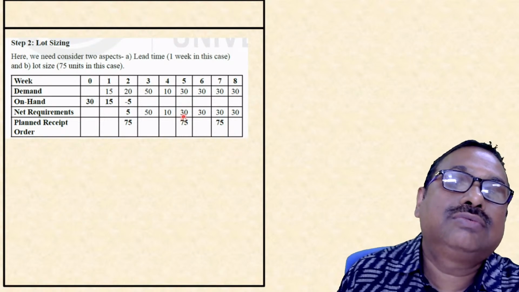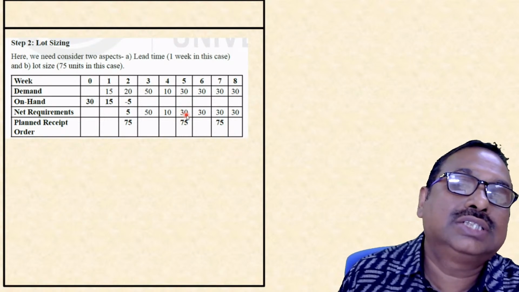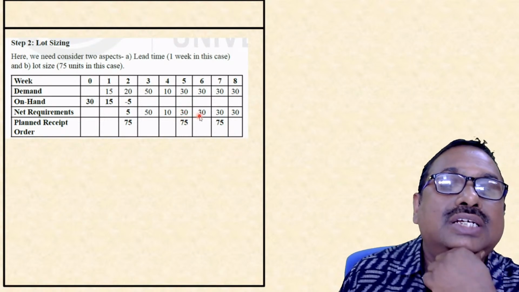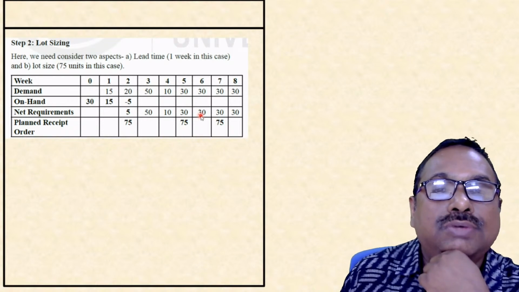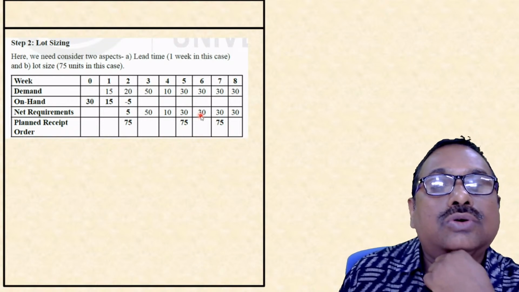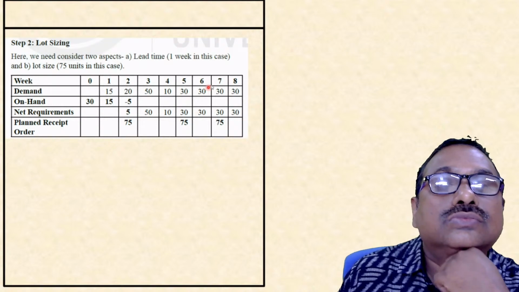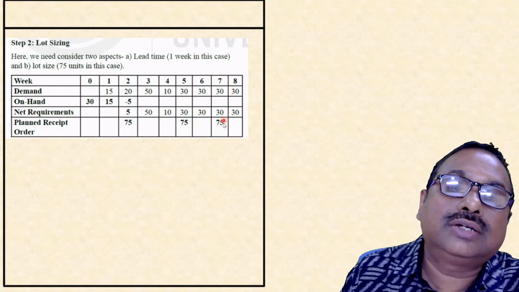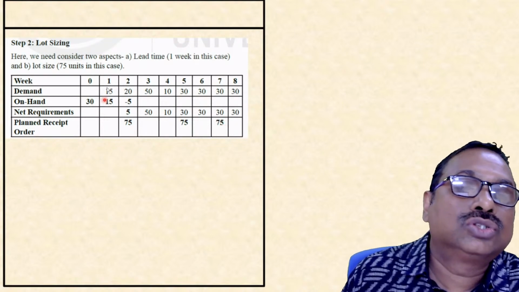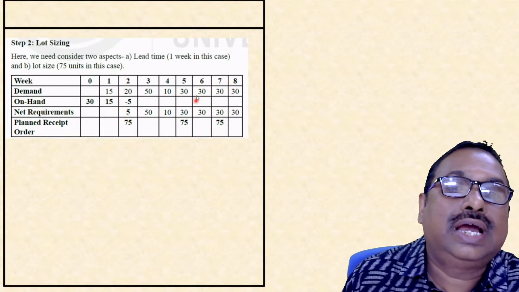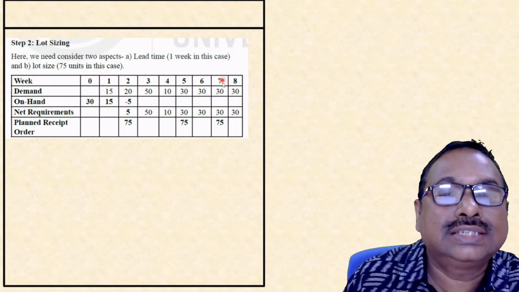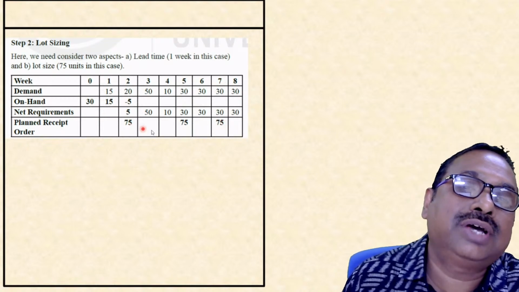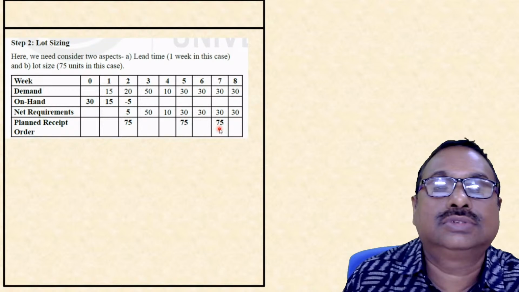So 75 plus 10, 85 was there. So 85 minus 30 is 55. So here also you require 75. So in the second week and fifth week and seventh week you require 75 items.